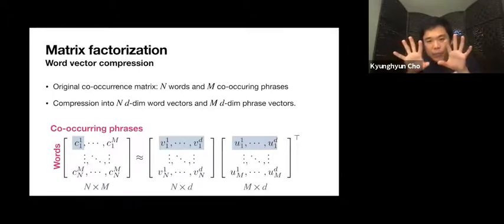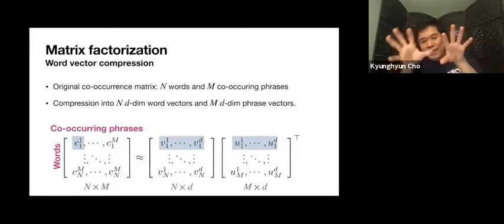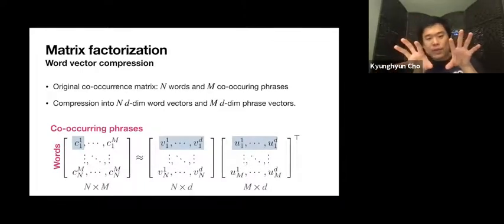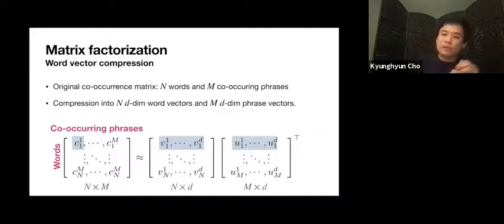By multiplying the first matrix with the transpose, that is the 90-degree rotated second matrix, we try to make sure that the product of these two matrices is as similar as possible to the original co-occurrence matrix.